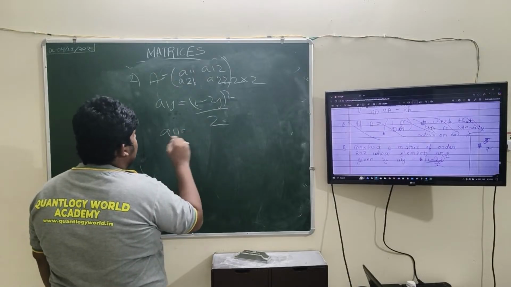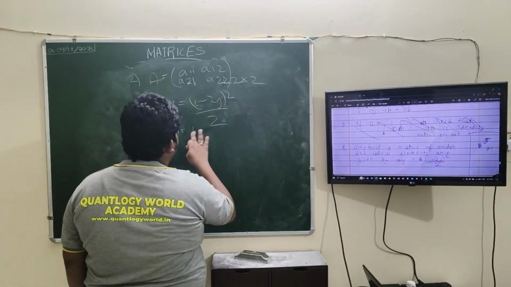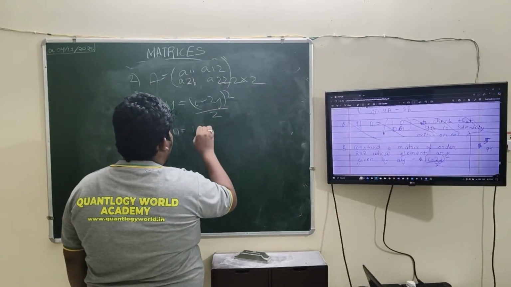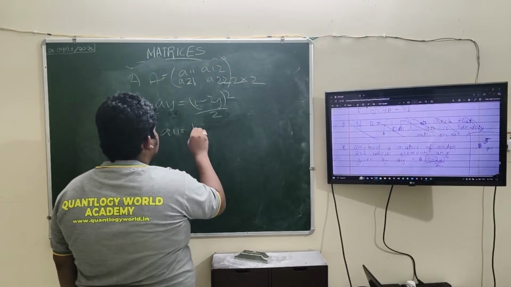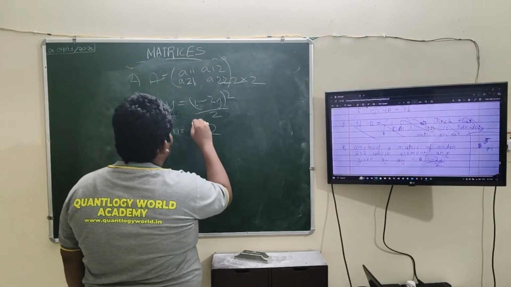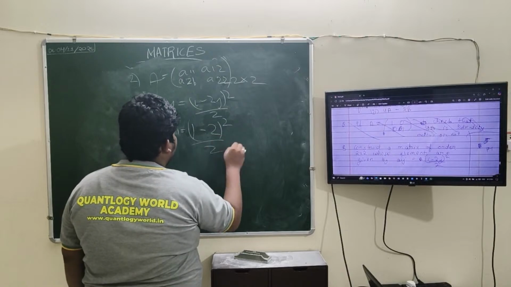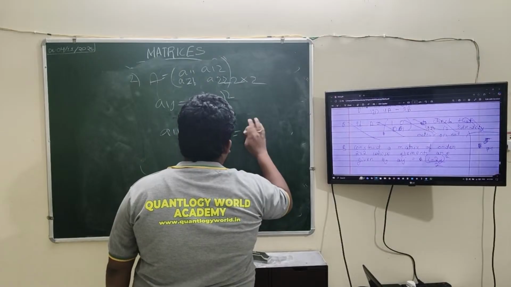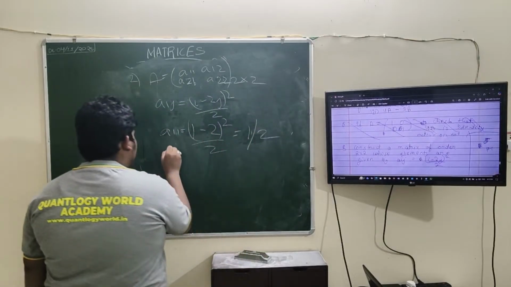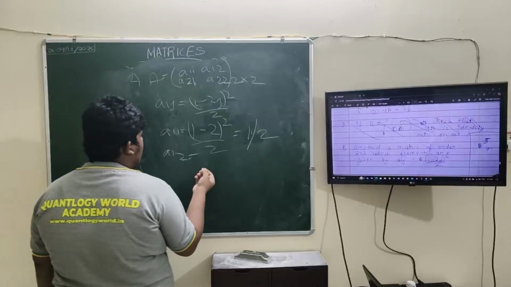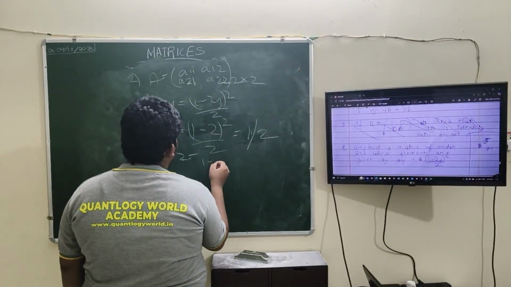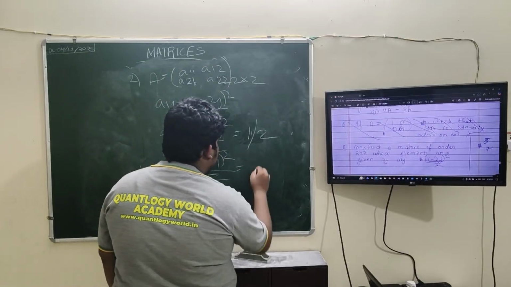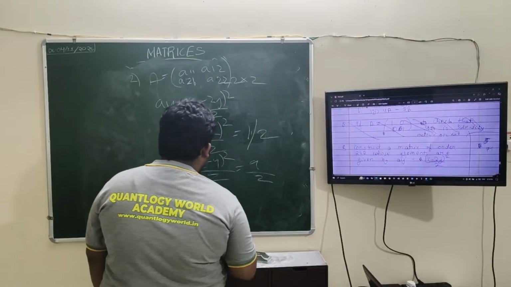A11 equals 1 minus 2 whole square by 2, which is minus 1 whole square, which is 1 by 2. Next is A12 equals (1 minus 4) whole square by 2, minus 3 whole square is 9 by 2.